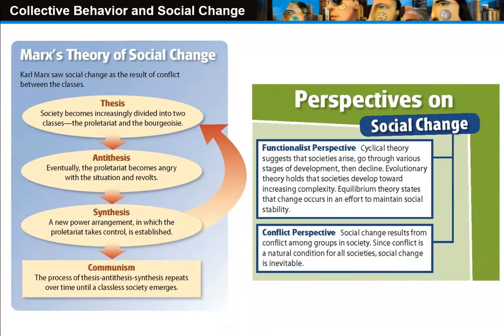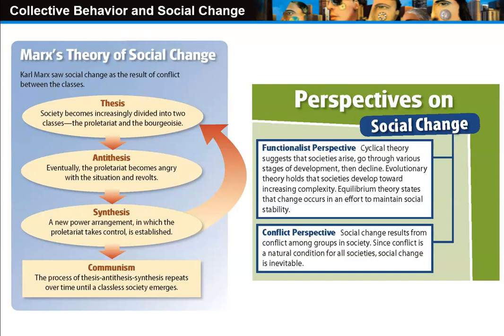So, Marx's theory of social change: Karl Marx saw social change as a result of conflict between the classes. His thesis: society becomes increasingly divided into two classes, the proletariat and the bourgeoisie. The antithesis: the proletariat becomes angry with the situation and revolts against the bourgeoisie.